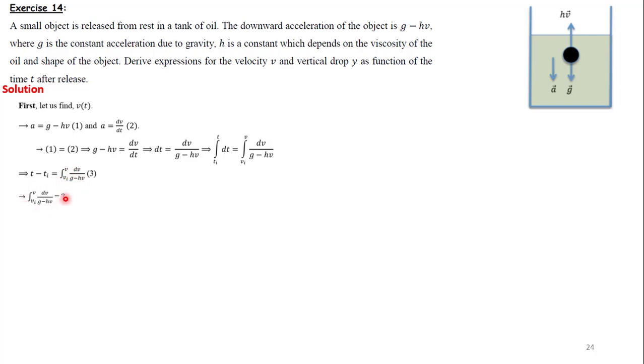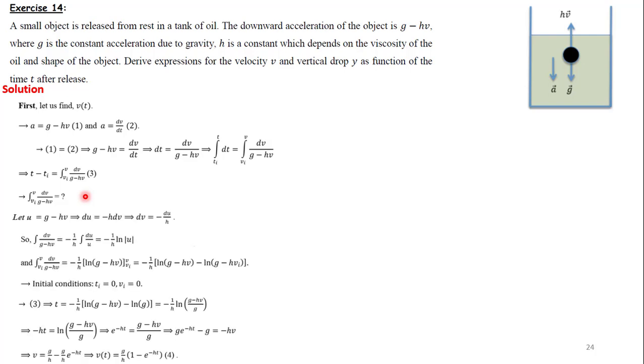How to find this integral? If we let g minus hv equal a function u, for example, we can clearly see that du over dv is equal to minus h. The answer to this integral is ln of something multiplied by something.